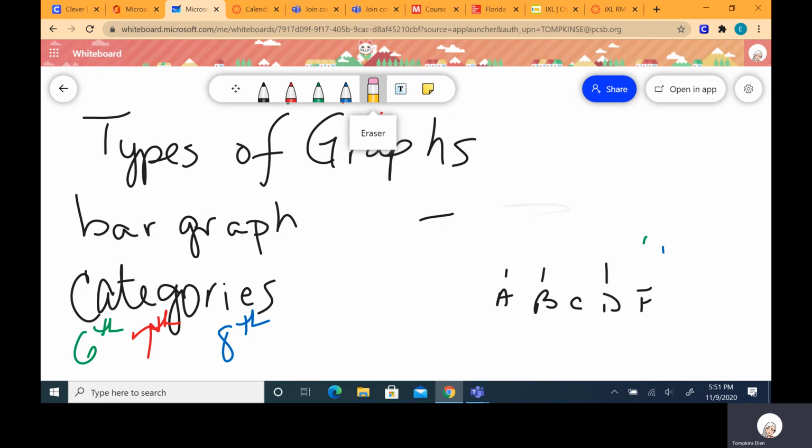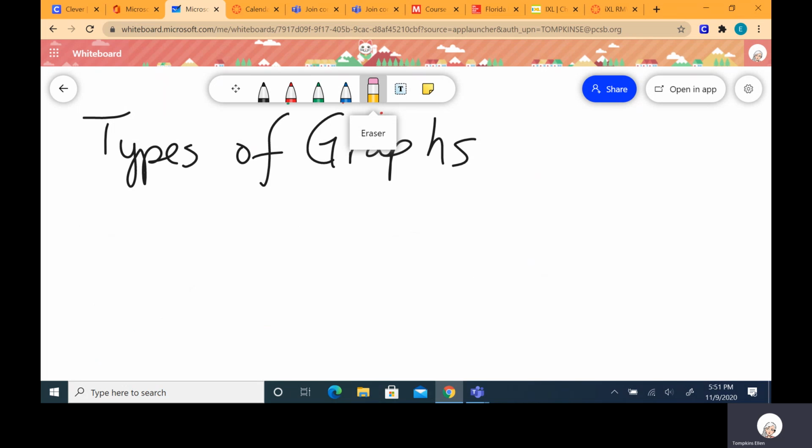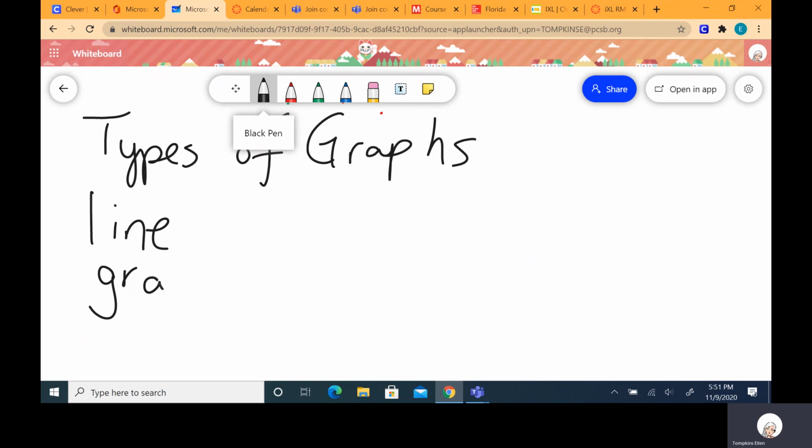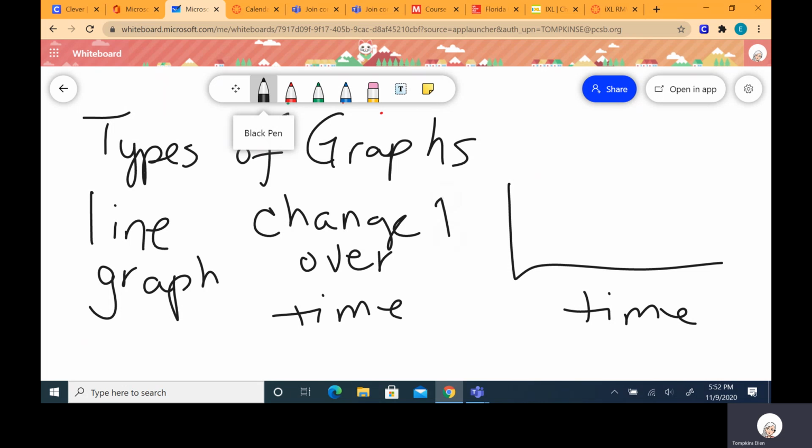Okay. The next one after that would be a line graph. All right. And a line graph always refers to change over time. So time is here, and let's say I am on a diet, so this is going to be pounds lost.